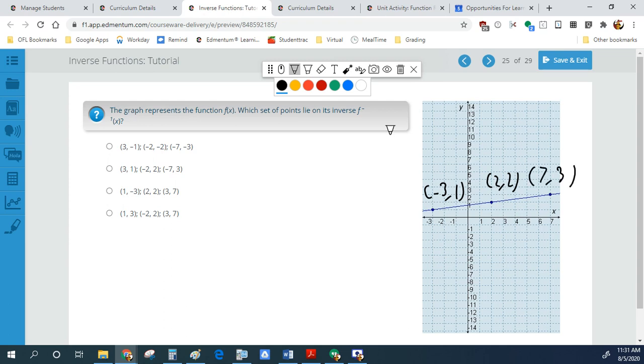So if we're switching these over, our inverse, let me do it in a different color, is 1 comma -3, 2 comma 2, and 3 comma 7. So the only one of these answers that has those switched over would be this one.